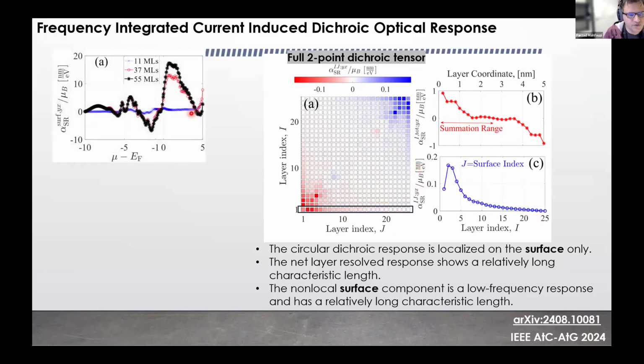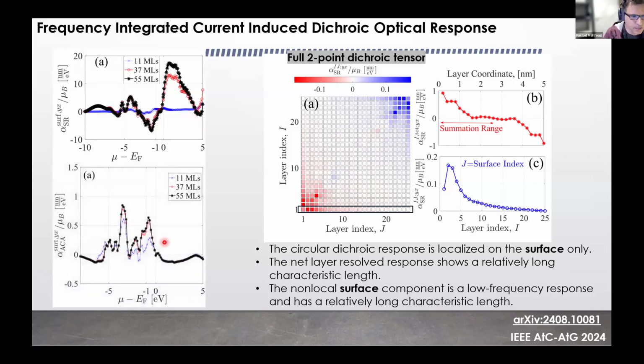We also change versus chemical potential, and we can compare with the atomic type orbital moment accumulation current induced. If you compare the thin case with the thicker cases, the dichroic response has a longer characteristic length.